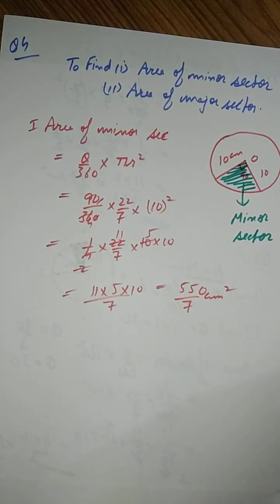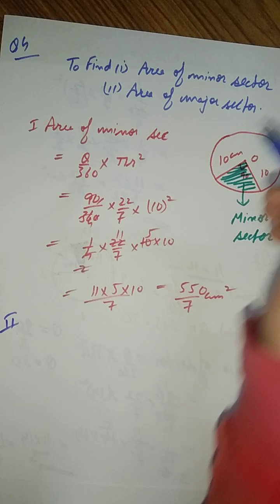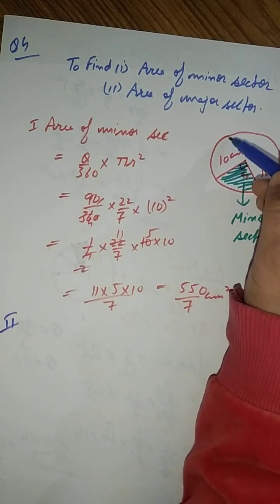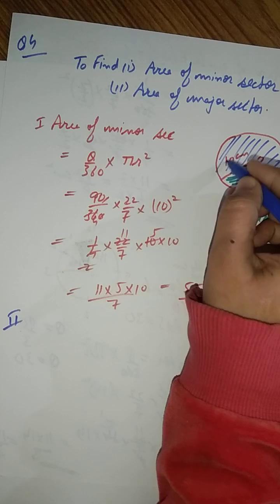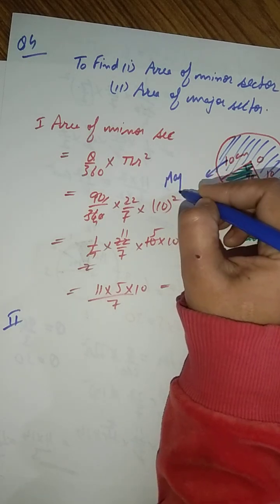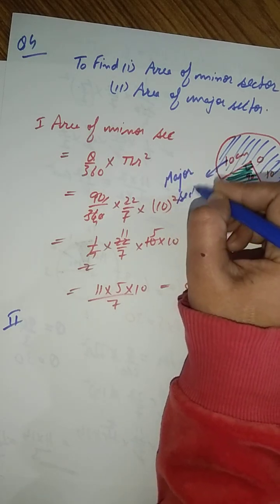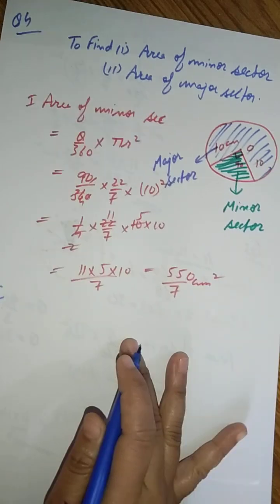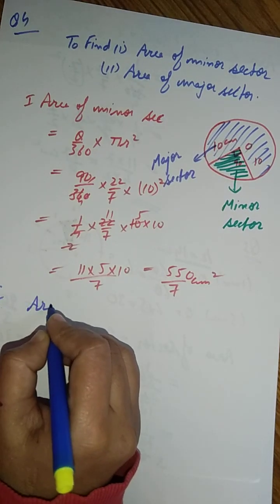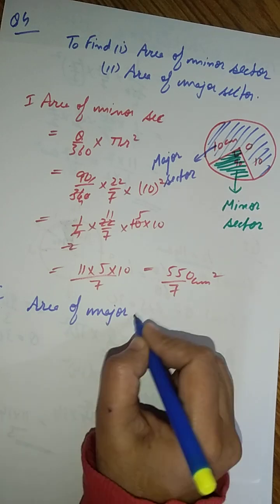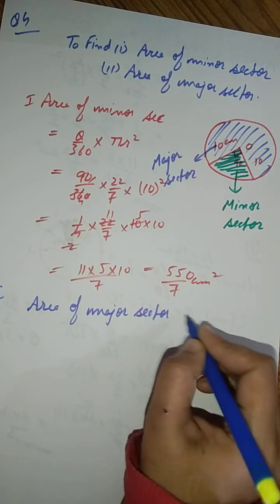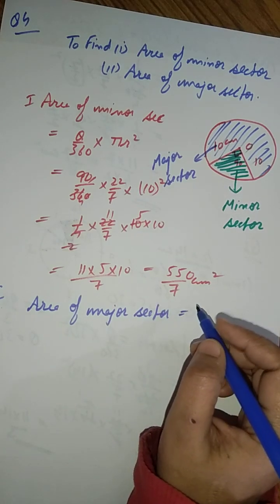Now in the next part we have to find the area of the major sector, and this is the major sector. How can we calculate it?